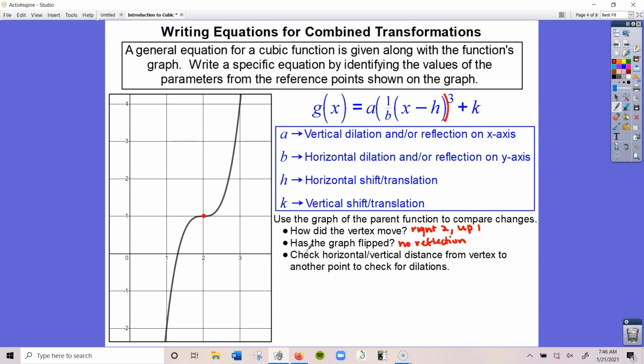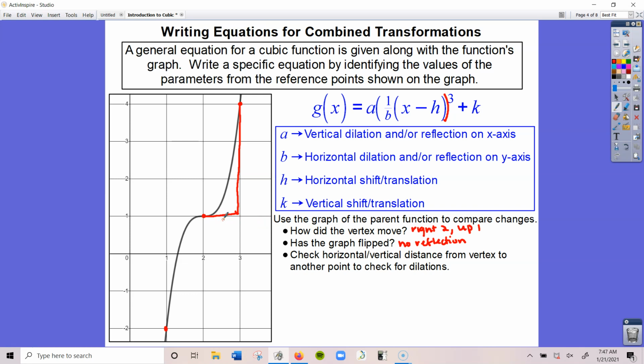Now the next part is to check if there are any dilations. And the way you do that is you pick a point that is either to the left or to the right of the vertex. Doesn't matter the direction. So let's say I choose this point. But you could have also used this point. What you do is you compare the horizontal distance to that point with the vertical distance. On the parent function, the horizontal distance and the vertical distance is 1 away.